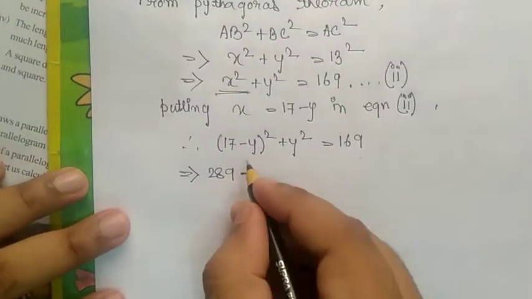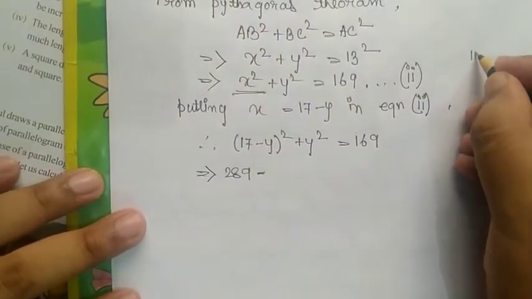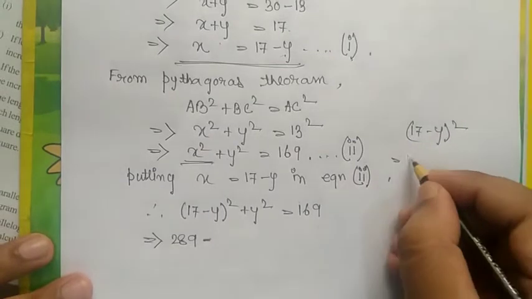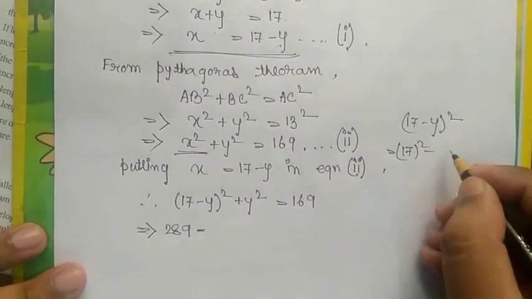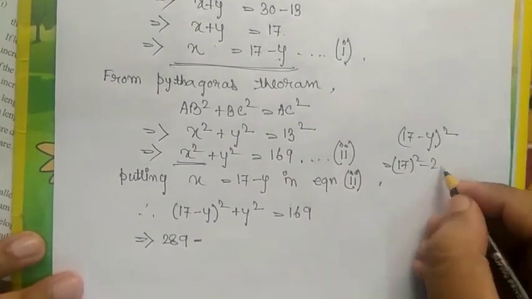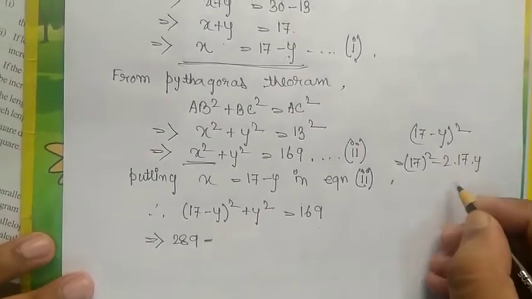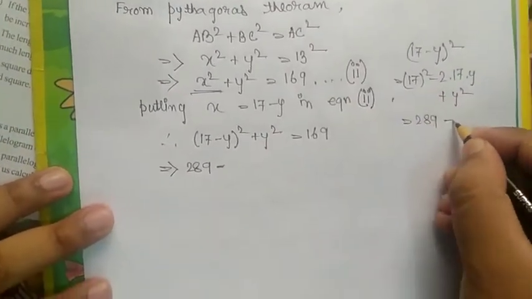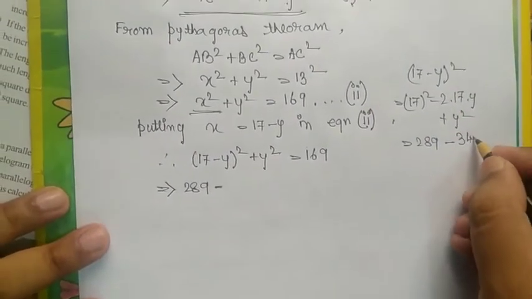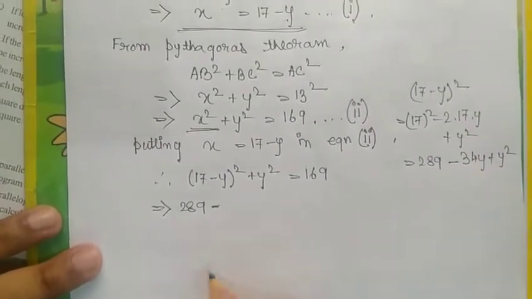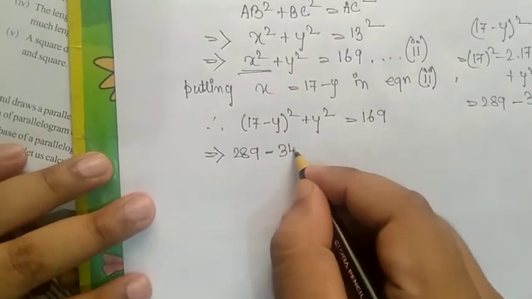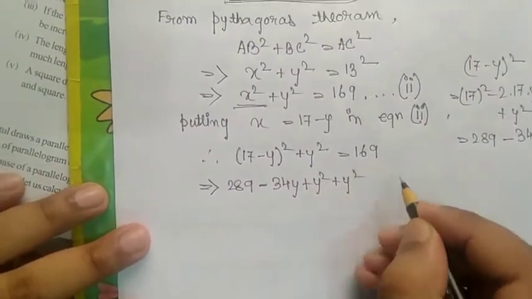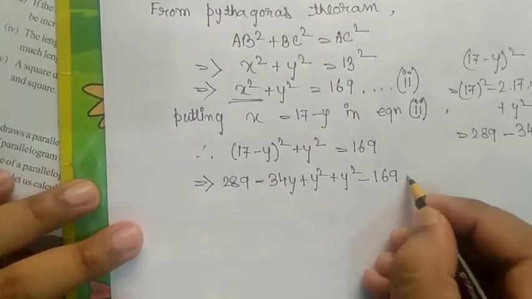For a minus b whole square, we have a square minus 2ab plus b square, so 2 into 17 into y, plus y square. 17 into 2 means 34y. So 289 minus 34y plus y square minus 169 equal to 0.